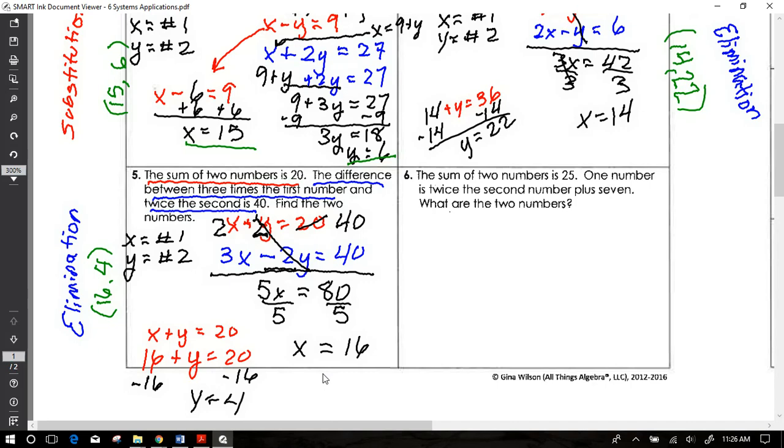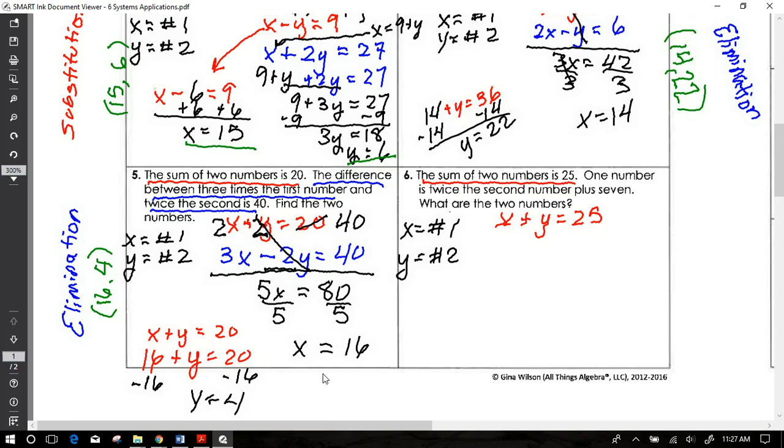I would like for you to, well, no, let's do number 6 together. The sum of two numbers is 25. So I know I've got a 1 and a 2. So if I add those numbers together, I get 25. x plus y equals 25.